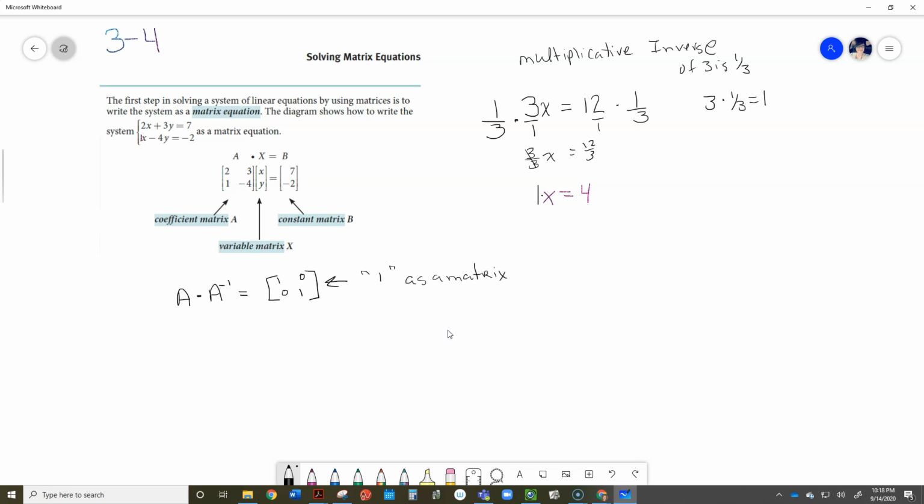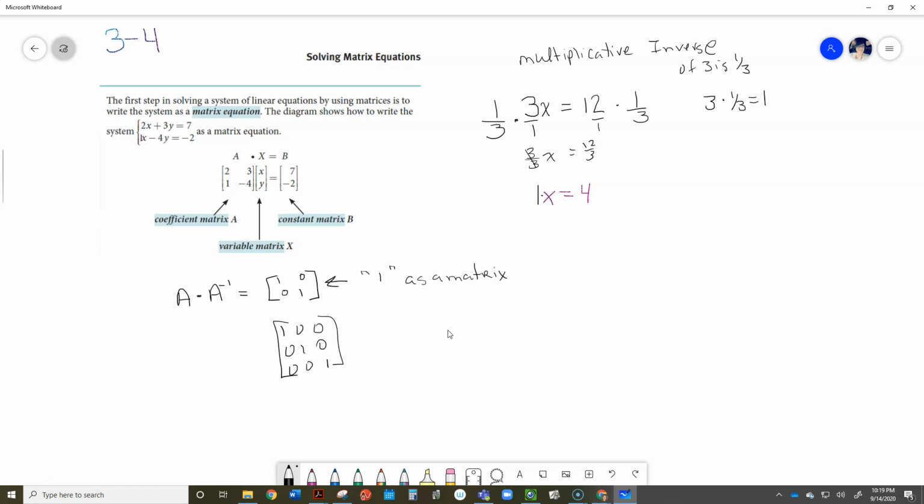So when we get this right here, a diagonal of 1s with 0s, that's the same thing as saying that my coefficient right here is 1. That is what 1 looks like as a matrix. And if it was a 3 by 3, it would have 1, 0, 0, 0, 1, 0, 0, 0, 1. It has a diagonal of 1s.